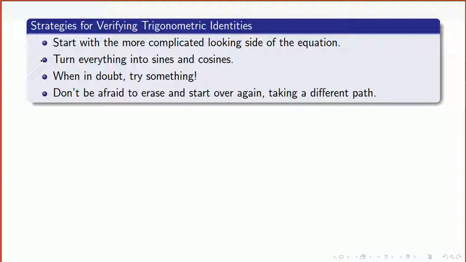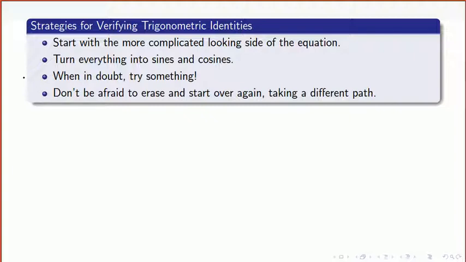Another good strategy is to turn everything into sines and cosines using your reciprocal identities or your quotient identities. This again doesn't always work. Sometimes you've got to use other trigonometric identities or other algebraic properties. But when in doubt, if you're stuck, this is a good strategy to try.